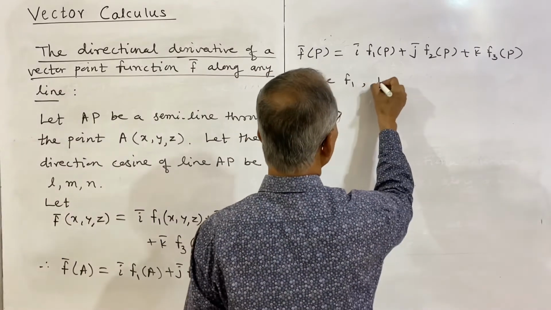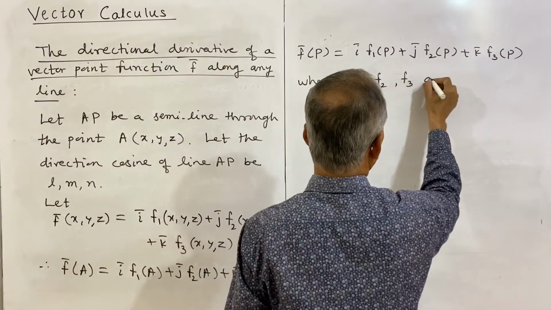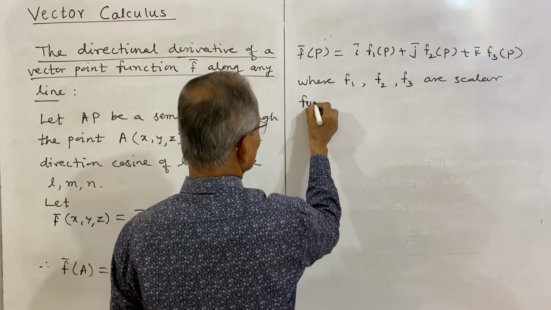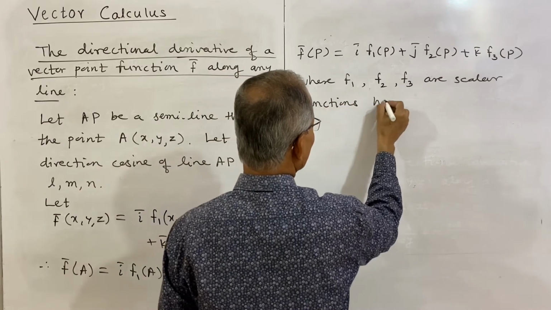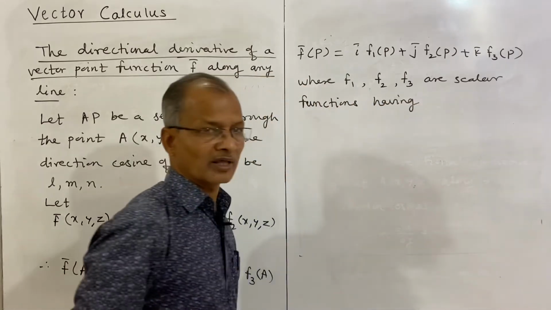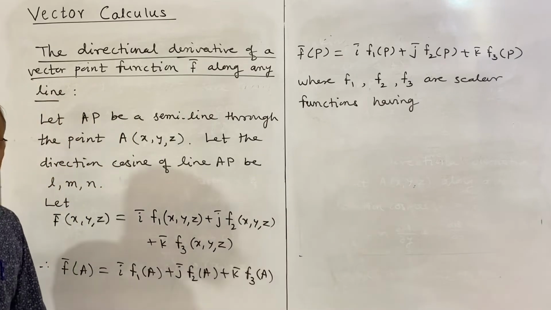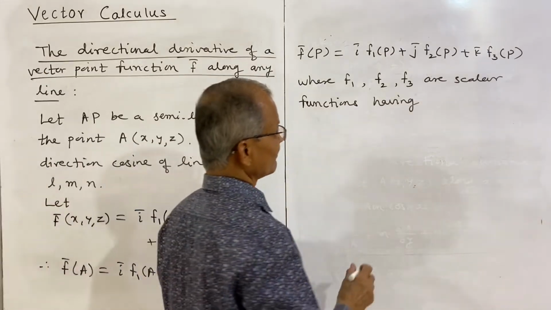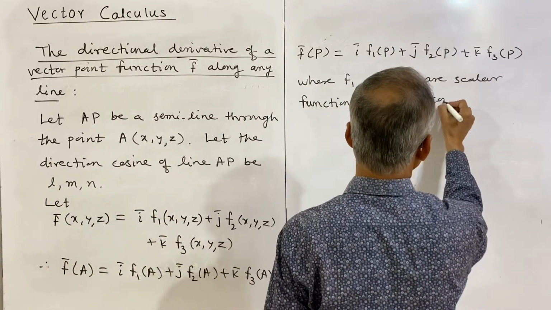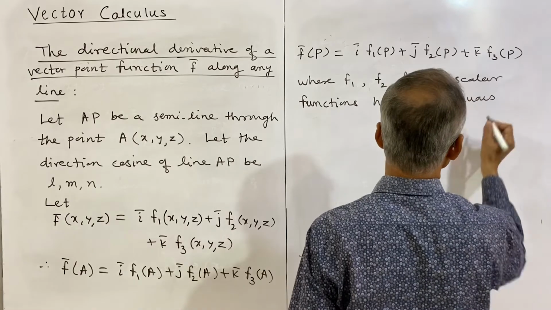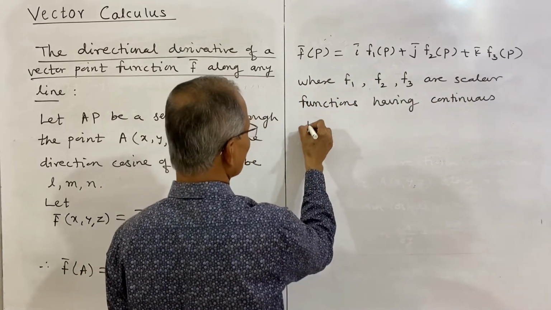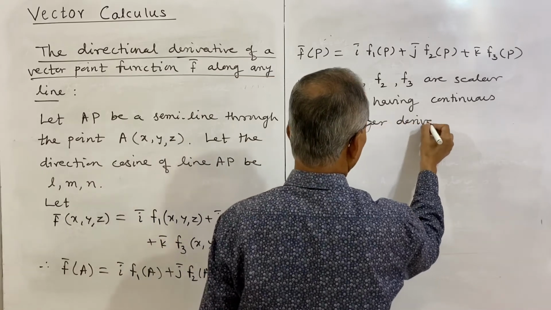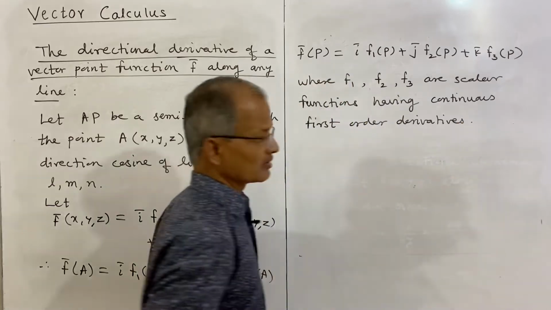Here f1, f2, f3 are scalar functions having continuous first order partial derivatives, because that is required to get the directional derivative. The function must possess continuous first order partial derivatives with respect to x, y, z.